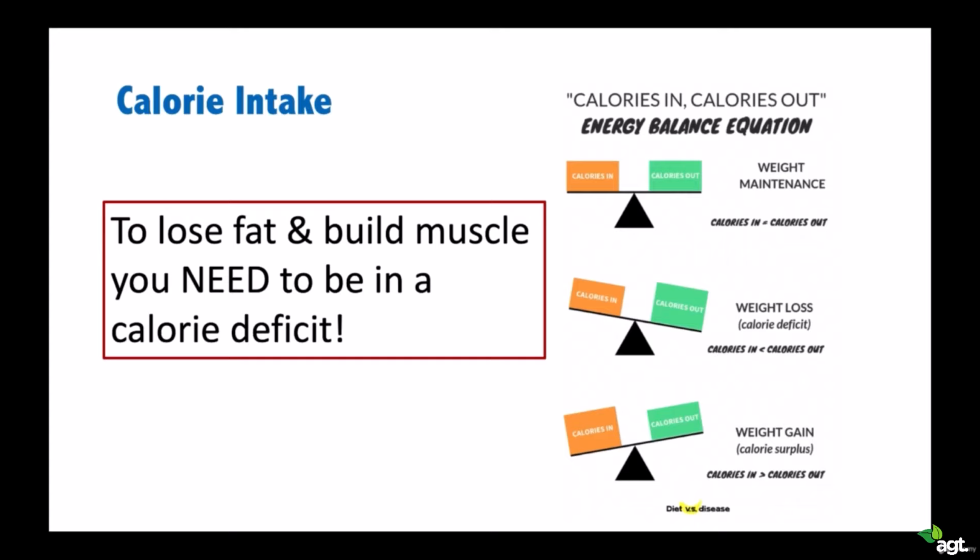There are lots of different ways to achieve that, but the main point is when you're in a calorie deficit and your body's looking for fuel to build new, more lean muscle, it looks for a second source of energy. And that energy will come in the form of fat, what your body's naturally already got.